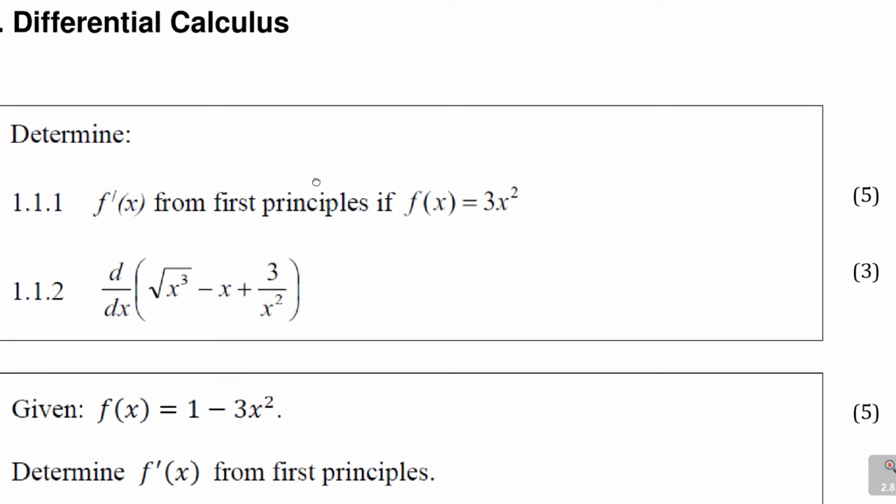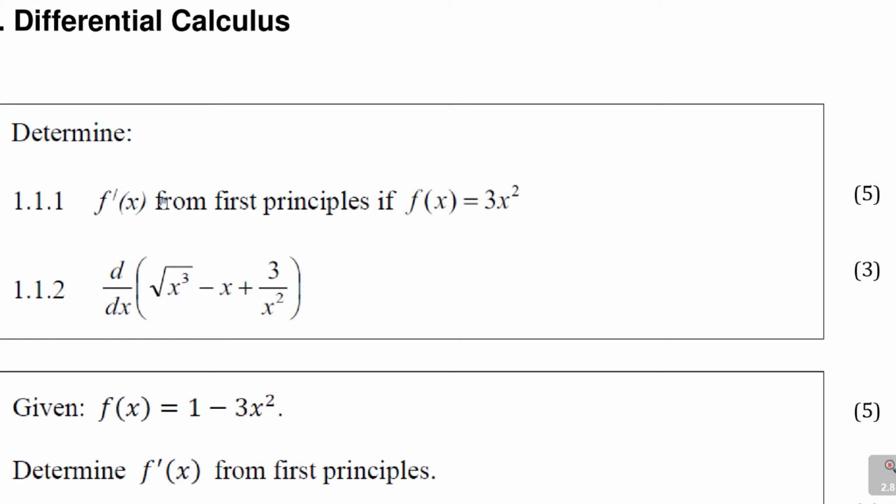So let's look at differential calculus, and I'm focusing firstly on first principles and the general calculus. It says differentiate from first principles: determine f prime x from first principles if f of x is equal to 3x squared.